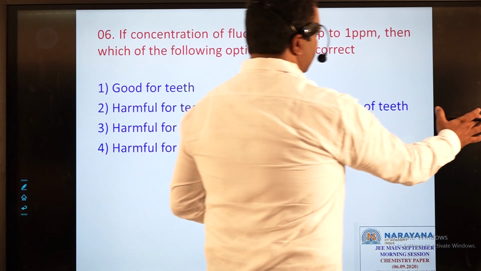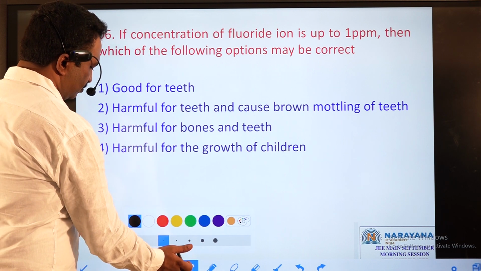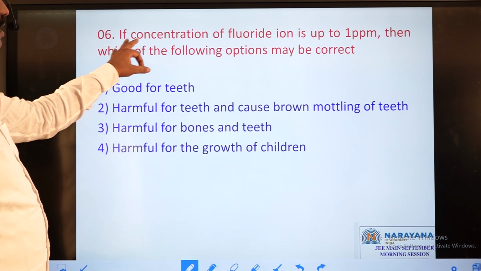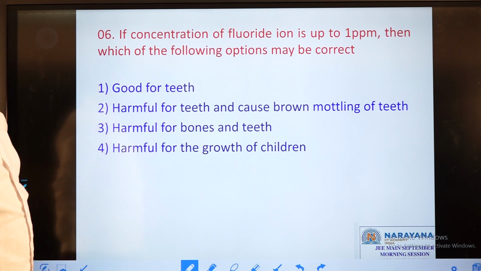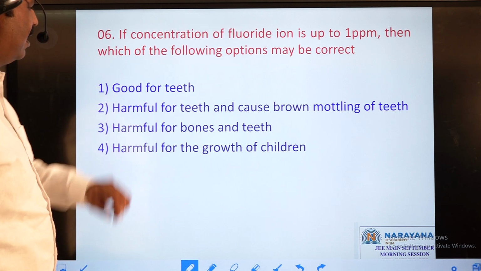See, in the sixth question: if the concentration of fluoride ion is up to 1 ppm, then which of the following options may be correct?